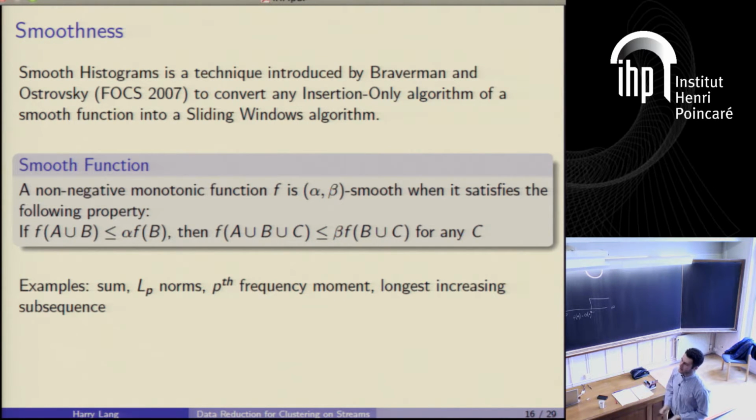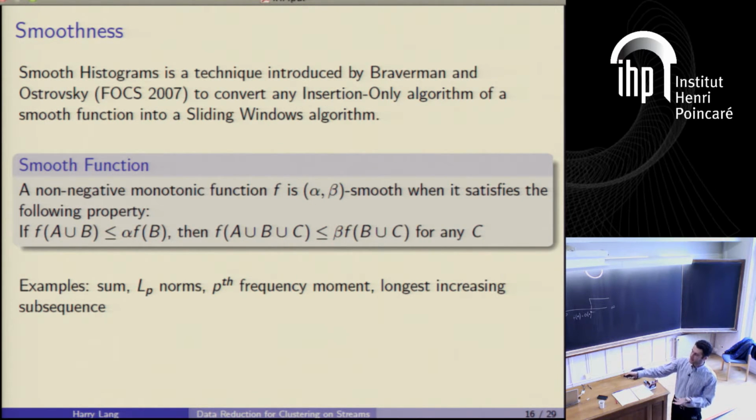For example, sum is a smooth function if I sum integers. Let's say a is the first 100 integers and their sum is 1,000, and b is the next 100 integers and their sum is only 100.